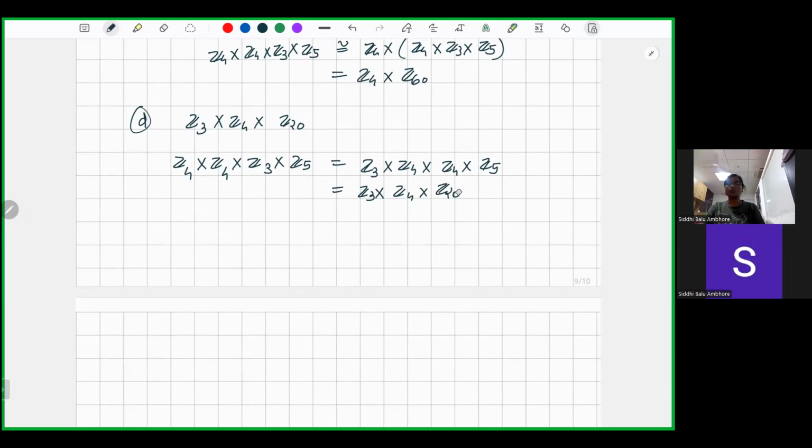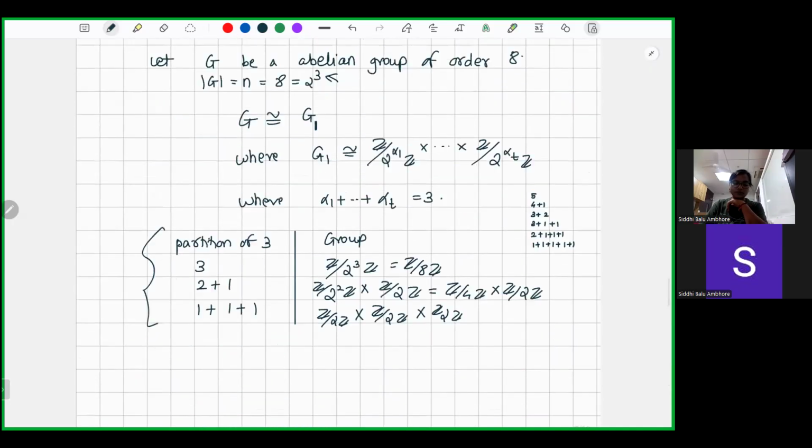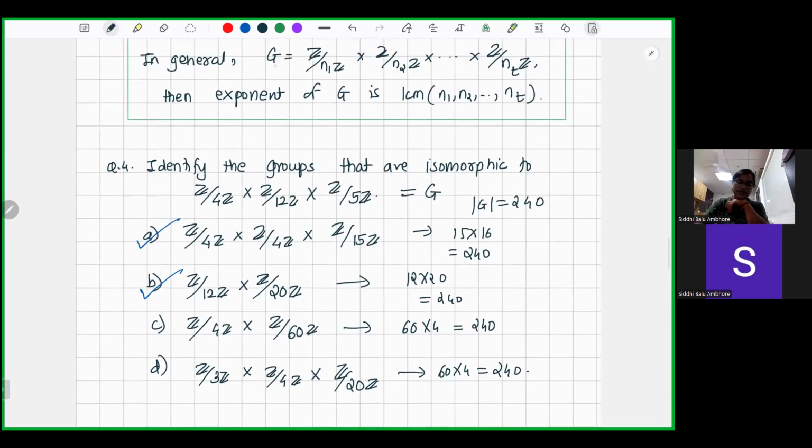So in short, what we get is that all these 4 groups which are given here are isomorphic to my given group Z4 cross Z12 cross Z5.